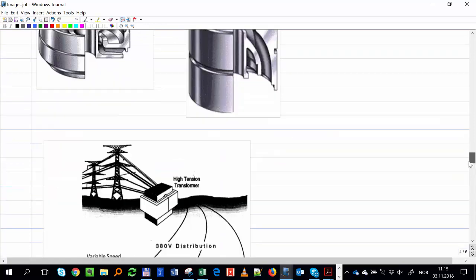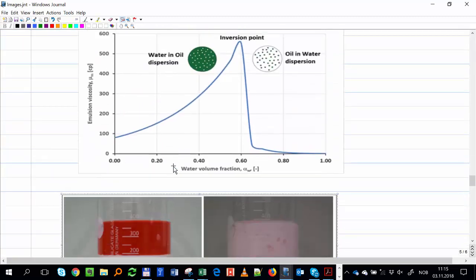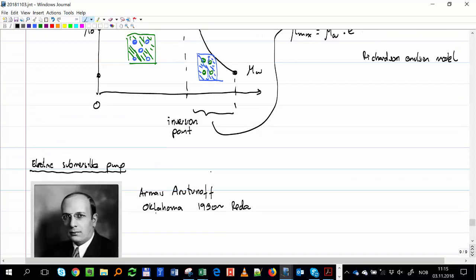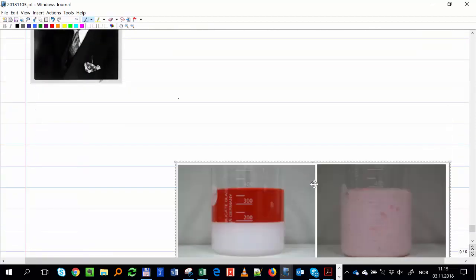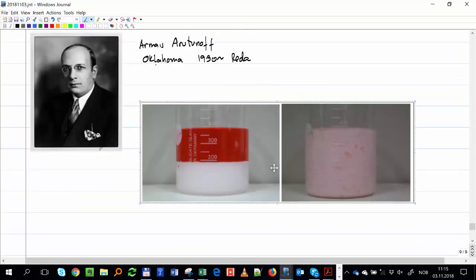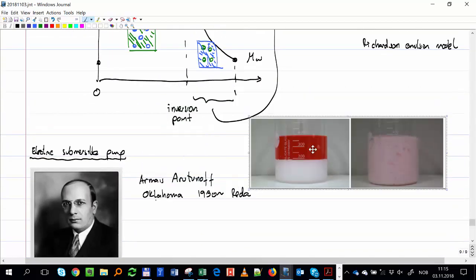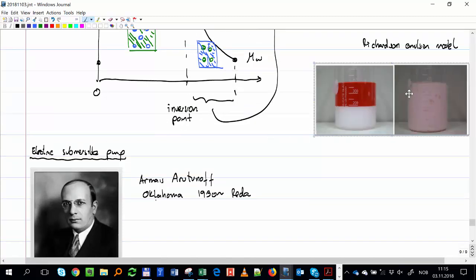So the pump, how does it work? First, this is something we have in our lab. A student working with me had oil, which is the red one, and water, which is the white one, and she mixed it in the lab with a blender.